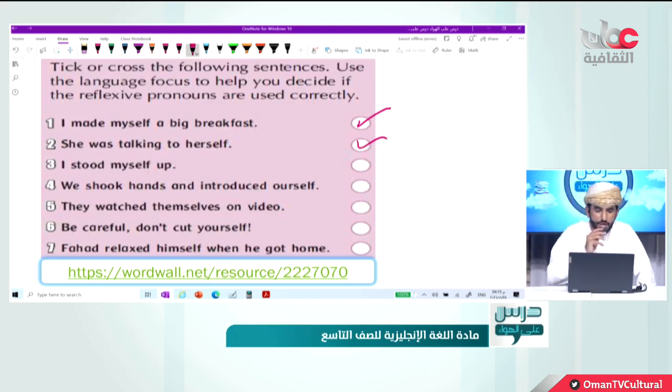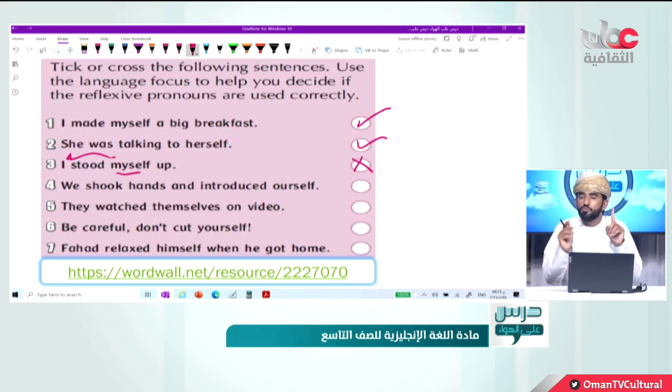Very good. What about this 3? I stood myself up. Correct? What about you guys? Incorrect. It is incorrect. Why, teacher? Myself refers to I, teacher. Yes.